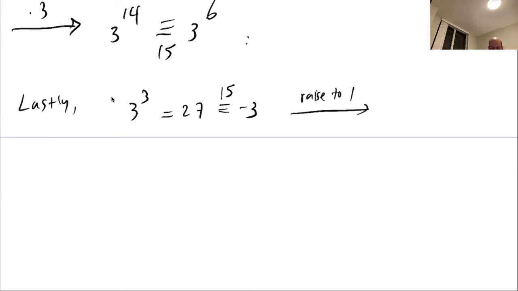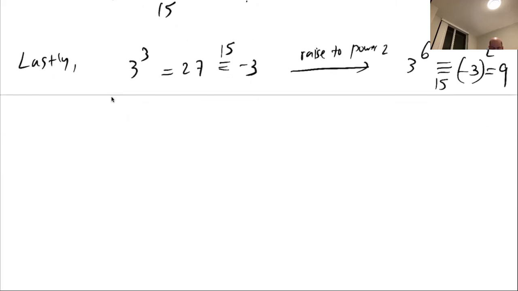Raise to power 2. Get 3 to power 6, congruent to minus 3 to power 2, which is 9. Well, that's it. 9. So 3 to power 3 was minus 3. I raised both sides to power 2. Minus 3 to power 2 is 9. And 9 is my remainder.